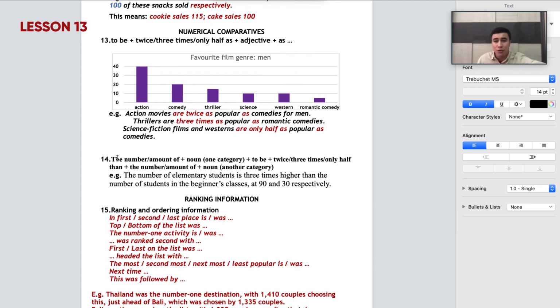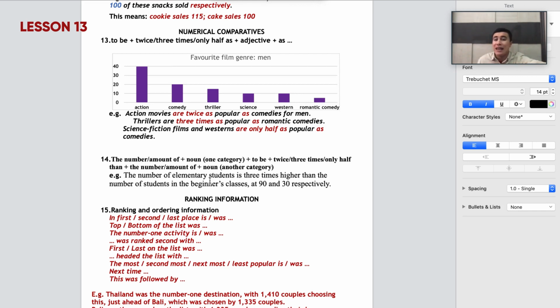And now, next formula. The number or amount of, let's say, then you use a noun, one of the category, then to be, twice or 3 times, only half, then you can use the number or amount of, and then another category.